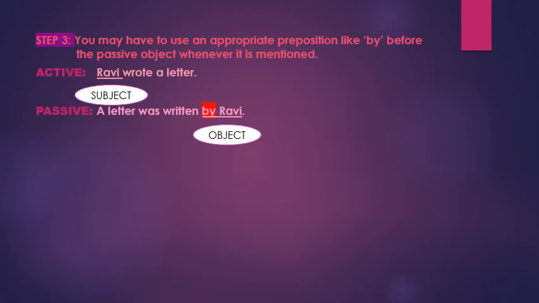Step 3 says that you may have to use an appropriate preposition like by before the passive object whenever it is mentioned. Like Ravi wrote a letter, was written by Ravi. Subject, object here. So the object will always have a preposition by along with it.